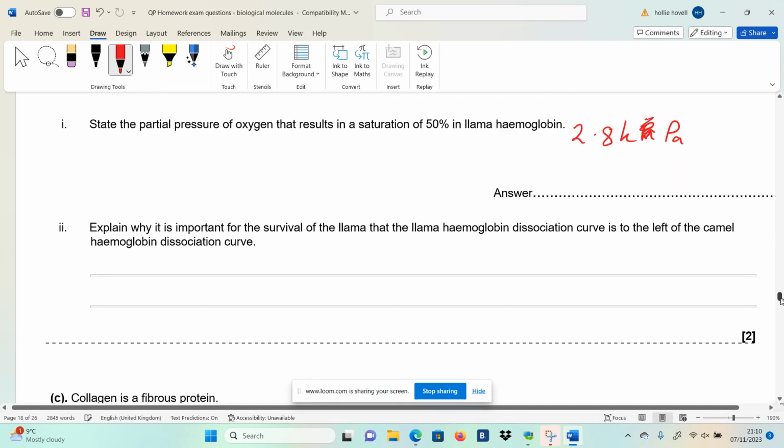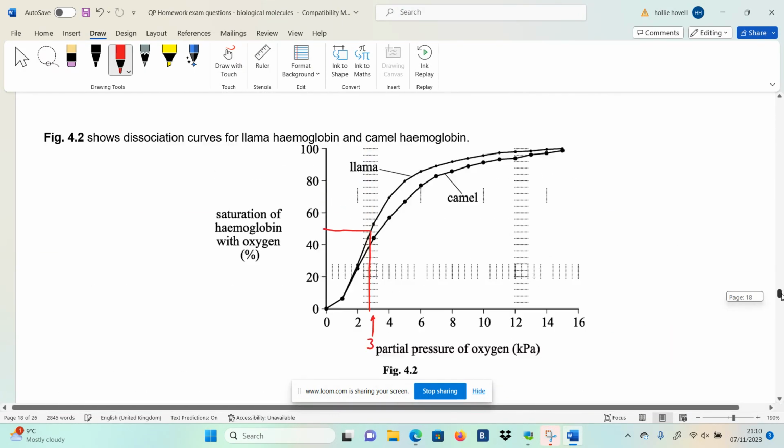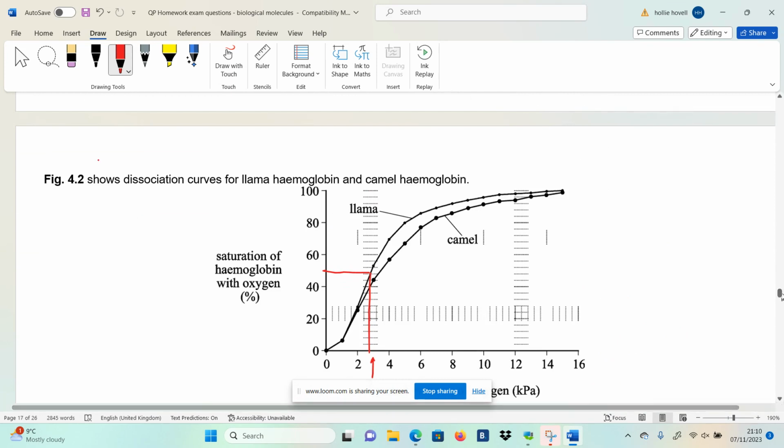Explain why it's important for the survival of the llama that the llama hemoglobin dissociation curve is to the left of the camel hemoglobin dissociation curve. So what it basically means is that at any partial pressure, let's just say, for example, we chose a partial pressure of 6 to look at.